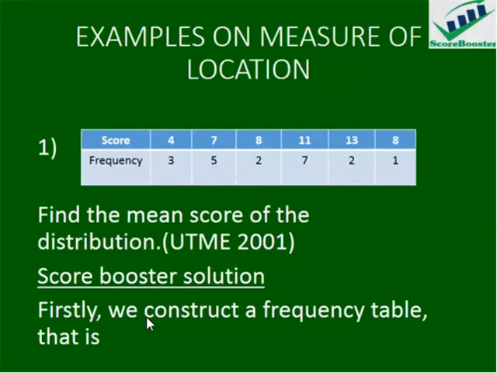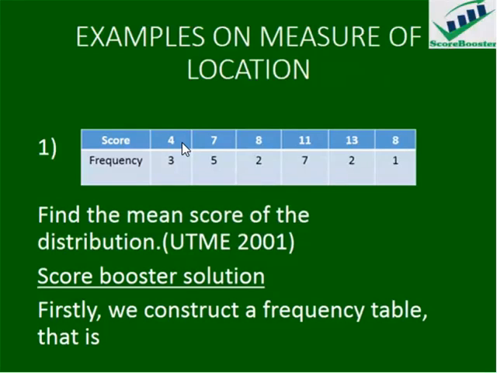So now, the solution. The first thing we do is construct a frequency table. The table will consist of the score, which will be the item column tagged x, the frequency f, and the third column, f times x subscript i, where we multiply the score by its frequency.